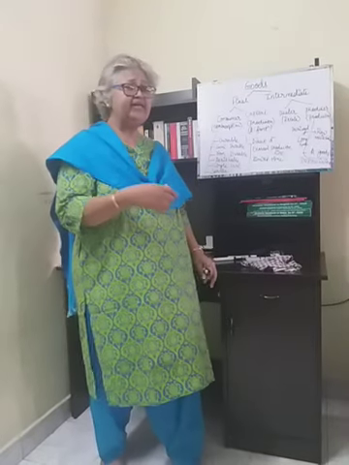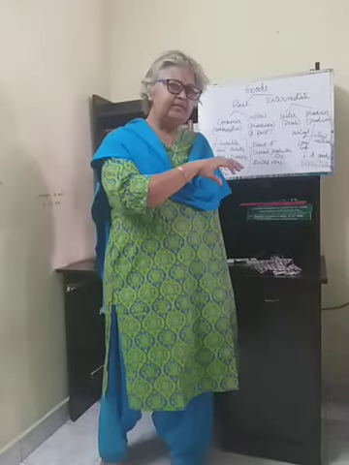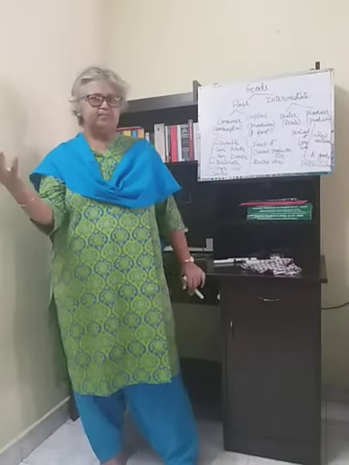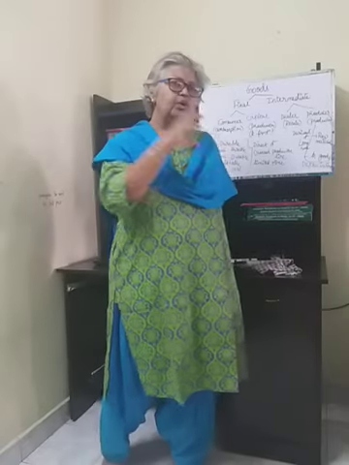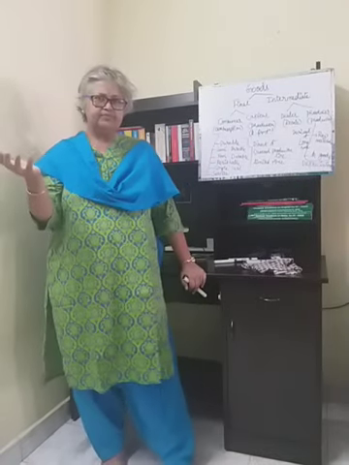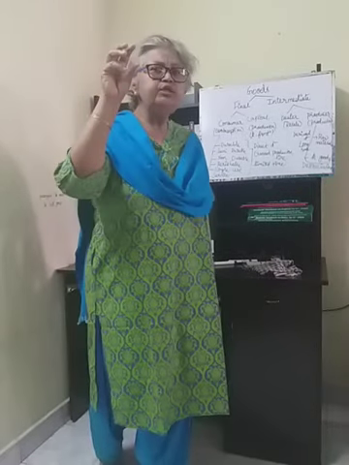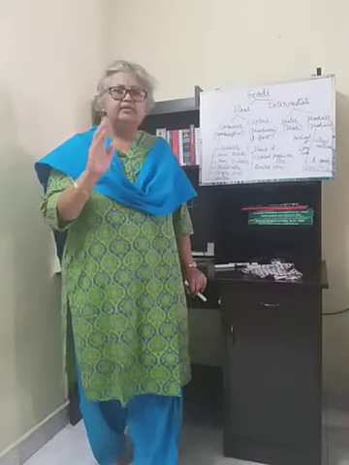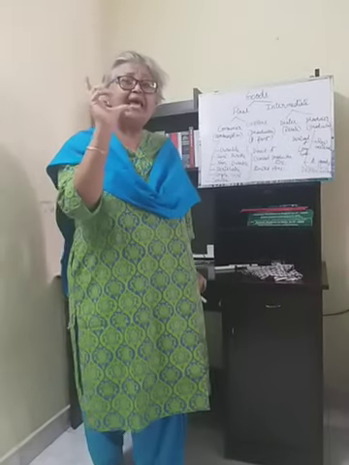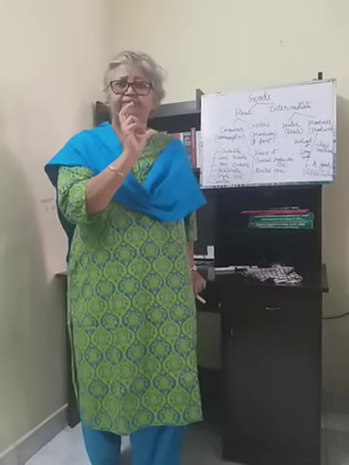So how will you find out whether the product is a final product or an intermediate product, a consumer product or a producer product? Ask the question as to for what use the product is going to be put to. End use. Check out the end use of the product.